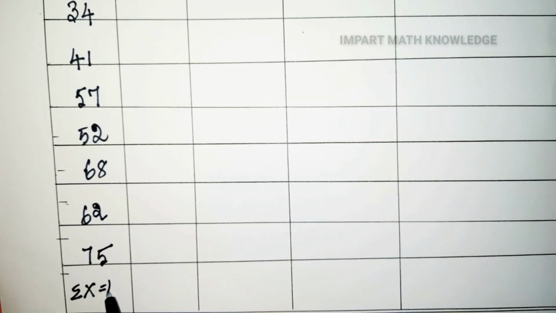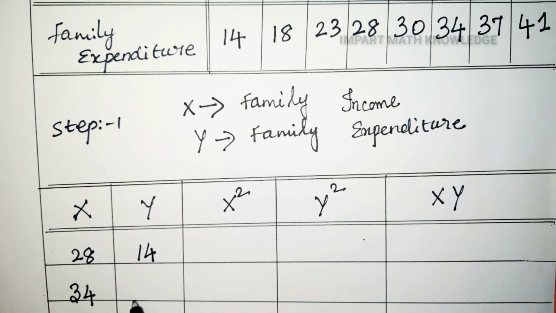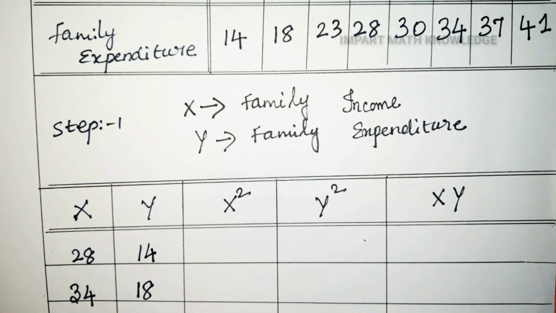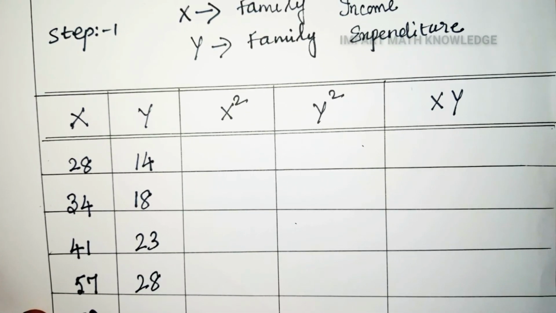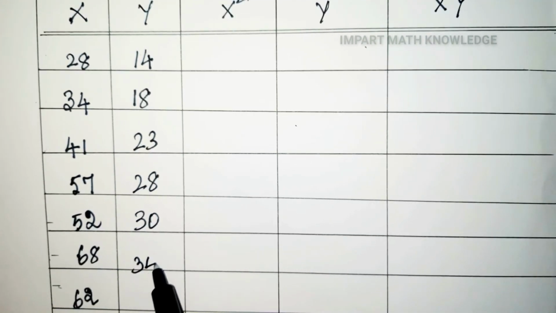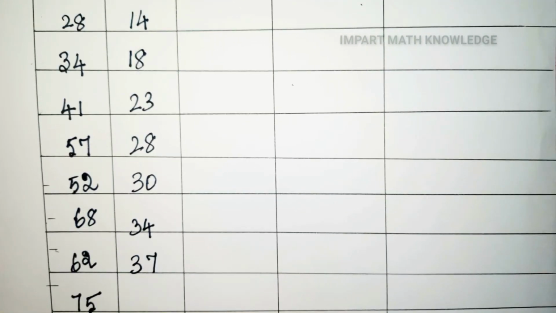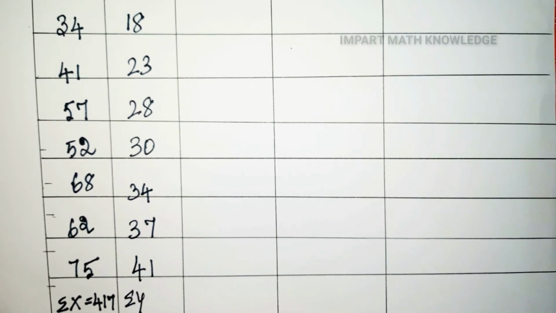Summation x is equal to 417. y values are 14, 18, 23, 28, 30, 34, 37, 41. Summation y is equal to 225.